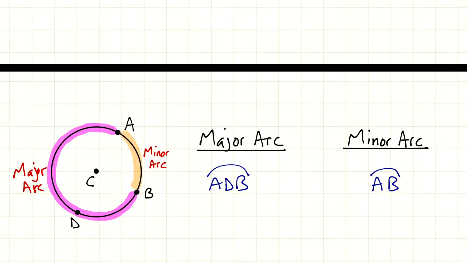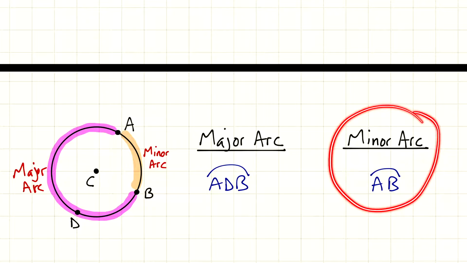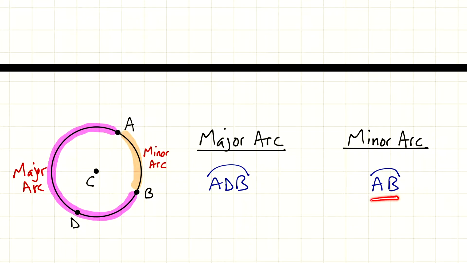The minor arc only has the 2 letters AB, while the major arc also has the A and B, but includes a point in between. So if I say identify the major arc, you're going to tell me, okay, that's going to be large, so it's going to go A to D to B. It specifically gives me directions of the order of letters to go to. So A to B is the minor arc versus A to D to B, if you follow the order of those 3 letters.